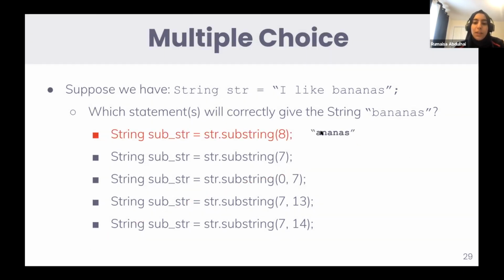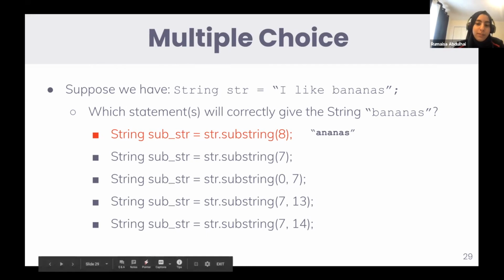The reason someone could make this mistake is that they're counting from 1 and not counting from 0. If you count from 0, you would do 0, 1, 2, 3, 4, 5, 6, 7, so you would have to start from here. But if you counted starting from 1, then this would look like 8, but it's not.